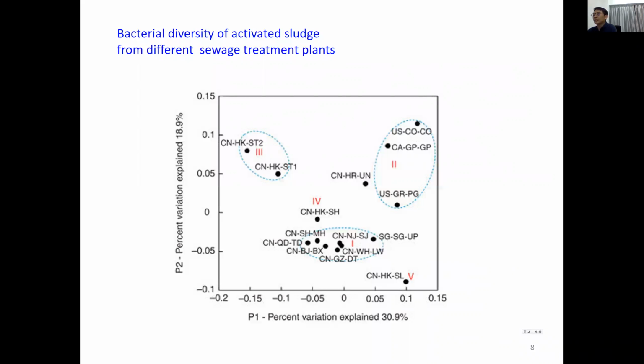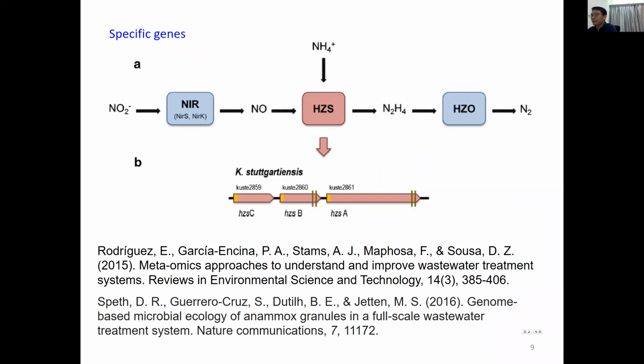And besides the community structure, the metagenomics approach can also be used to study the specific gene. This is an example that uses metagenomics to study the genes of Anammox bacteria. I'm not sure whether you are familiar with the Anammox bacteria. They are involved in wastewater treatment process to remove nitrogen from wastewater.